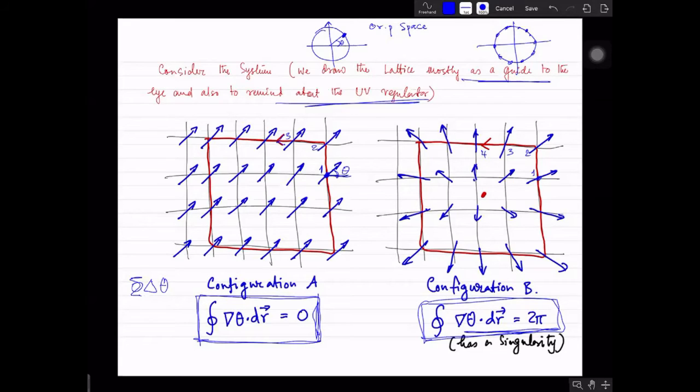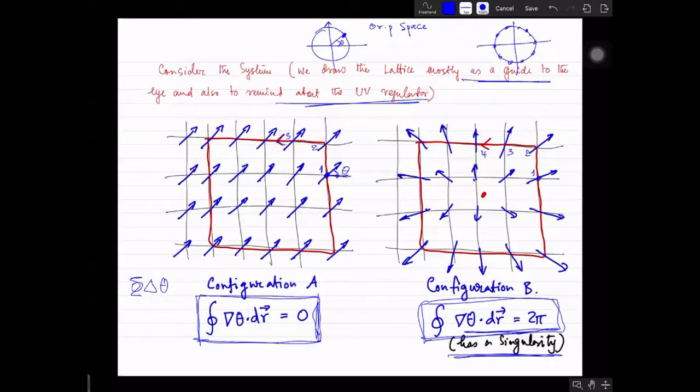Then the statement about all the mathematical things that we have learned is that this belongs to a classification of loops which is continuously deformable to a point, but this is not continuously deformable to a point. And that's because this has a singularity.